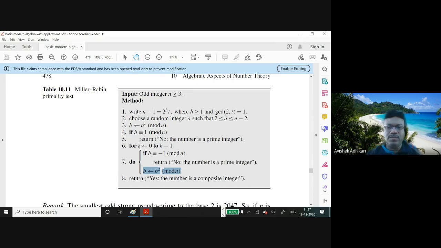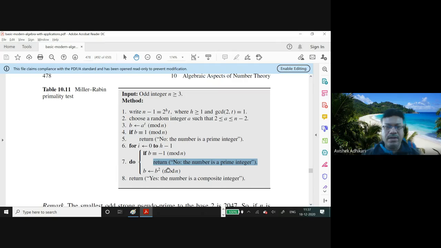So it's from 0 to h minus 1, continuously doing this. At any point of time, if it gives you the value minus 1, then return means, as I already mentioned in my last class, the program will terminate here with this value. If at any point this value becomes minus 1, then the program will terminate and give you the answer no, the number is a prime integer.